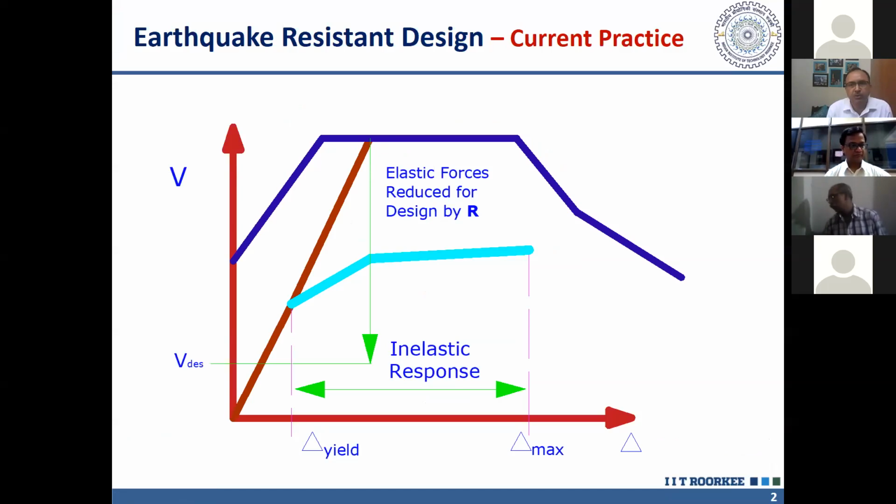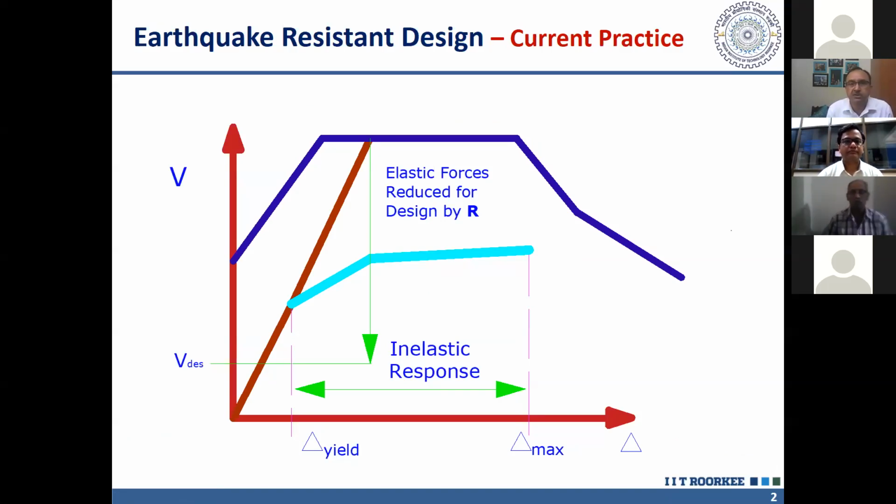So you may know that earthquake is a very rare phenomenon, but it causes very high forces. When we are talking about wind or flood, we talk about 50 years or 100 years return period. But when we are talking about earthquake, we talk about something like 2,500 years return period.